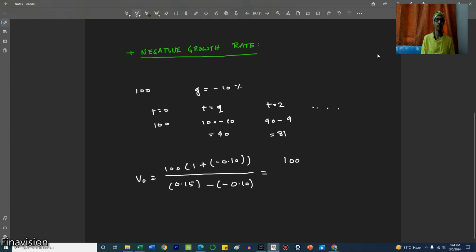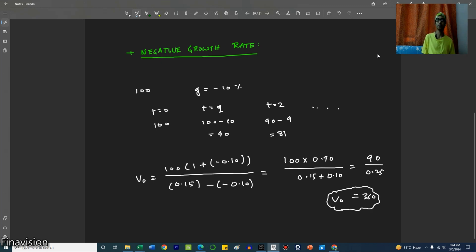This expression becomes 100 into 0.90 divided by 0.15 plus 0.10. This is equal to 90 by 0.25. The answer comes to 360. This is our V0 in case of a negative growth rate.